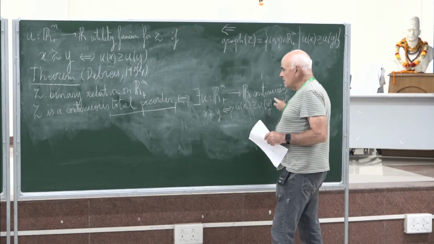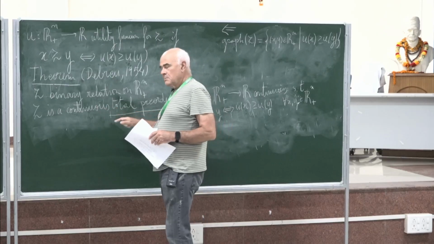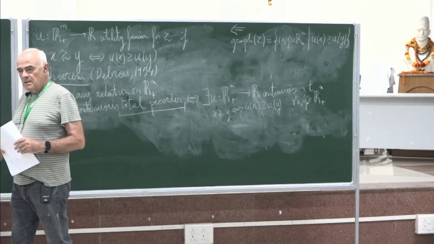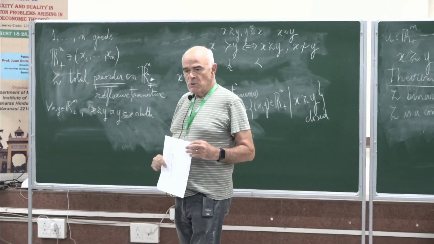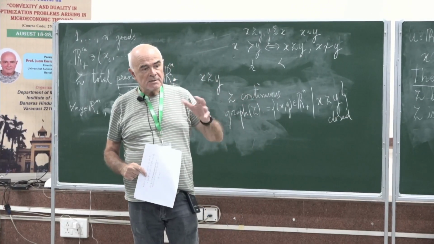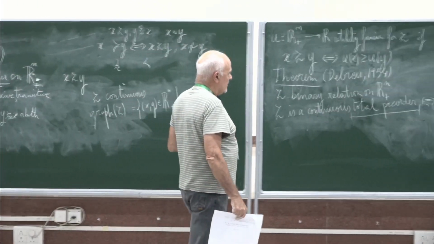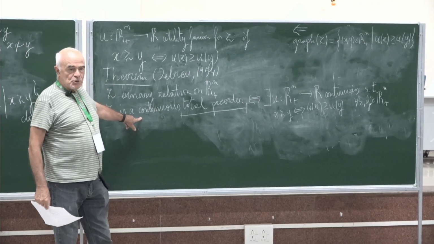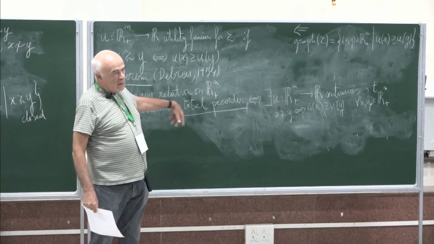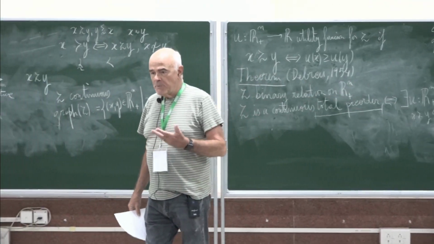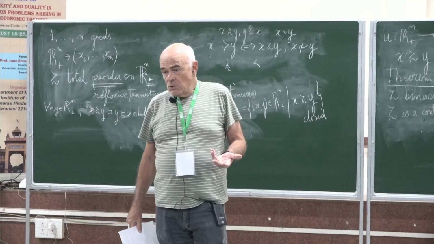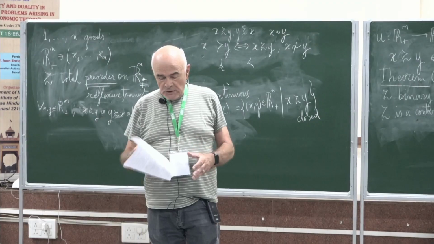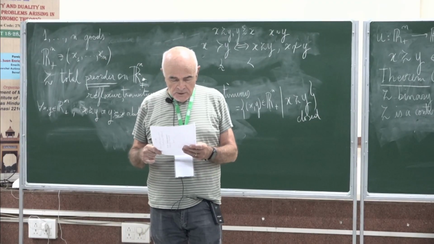So when I add continuity, I get a continuous total preorder, but I cannot separate, because if I remove the continuity assumption here, I don't have a utility representation. It cannot be continuous if it is not continuous, but even if discontinuous, there may be no utility representation at all.